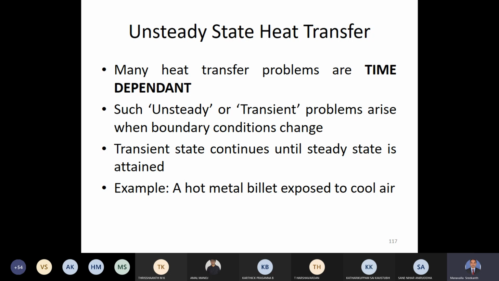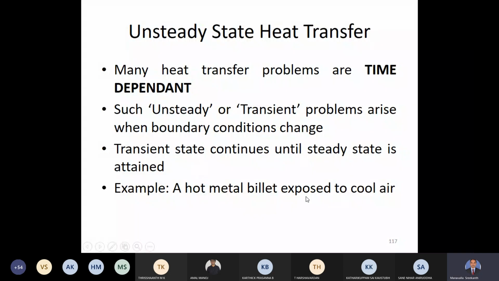In a class of 1.5 hour duration, that is not possible because the problem becomes transient before it reaches the steady state. Therefore I avoid that by not changing the voltage. Here the transient state continues until the steady state is attained. Between time equal to 0 and time equal to 1.5 hours, that period is the transient state, but after 1.5 hours, it will reach a steady state.